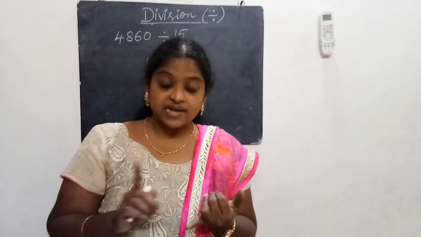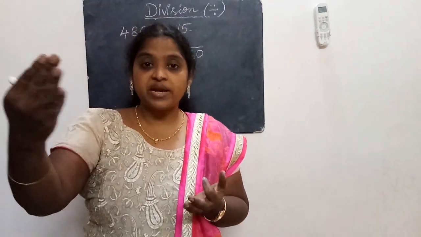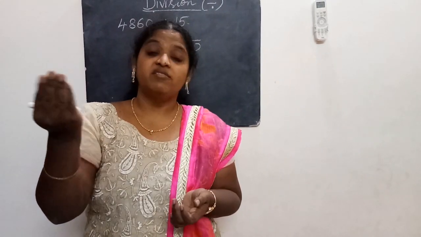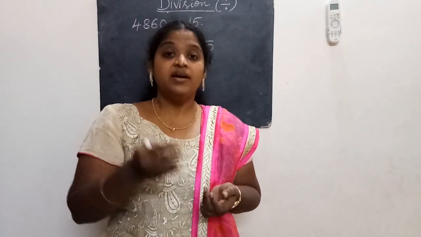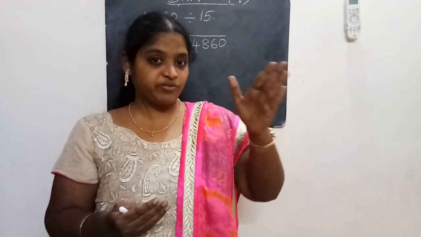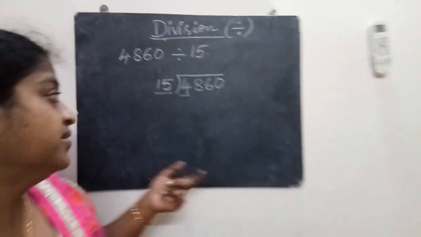In addition, subtraction and multiplication we have seen that we calculated from the right side. From the right side we added the number, from the right side we subtracted the number, and from the right side we started the multiplication also, that is from the units place. But this is quite opposite, just observe this, children.